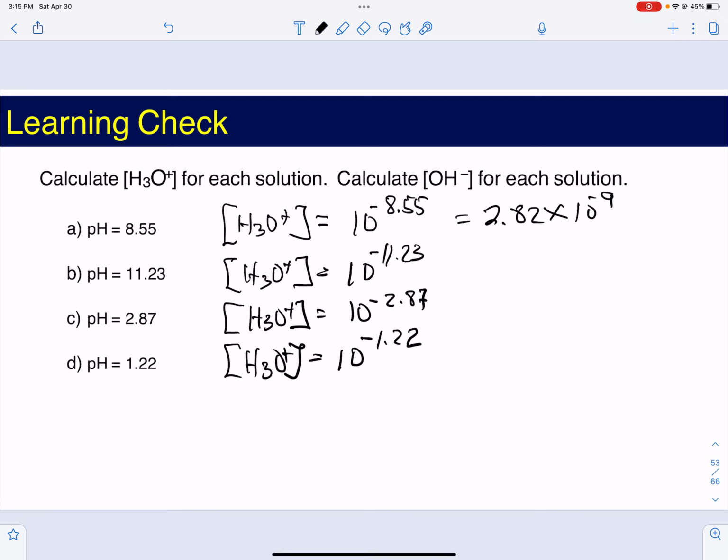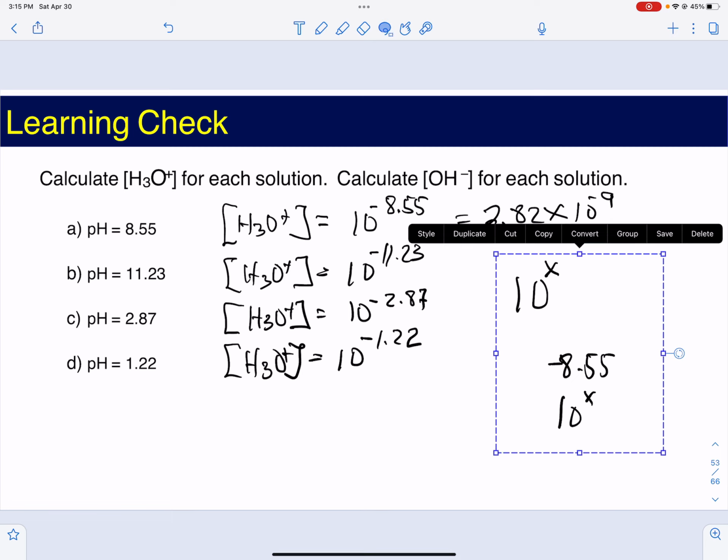So you get that straight from your calculator. All you have to do is just use your 10 to the x key on your calculator. At least on mine, I put 8.55 negative, and then I click on 10 to the x, and I get my result.